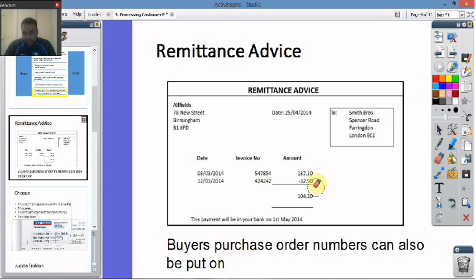So how would you know what the payment of £104.20 was for? Well, obviously there's a credit note here as well. Because we've got this remittance advice, we can tell what the payment was for. You can also put the buyer's purchase order numbers on it, but normally I don't see that on the remittance advice I've seen at work. So it's not normal, but you can also add it.